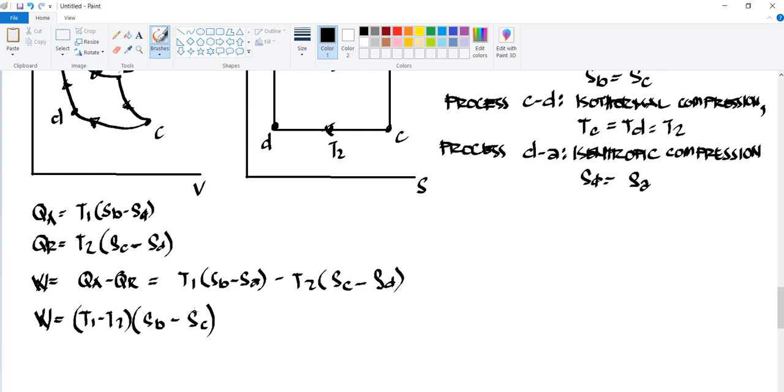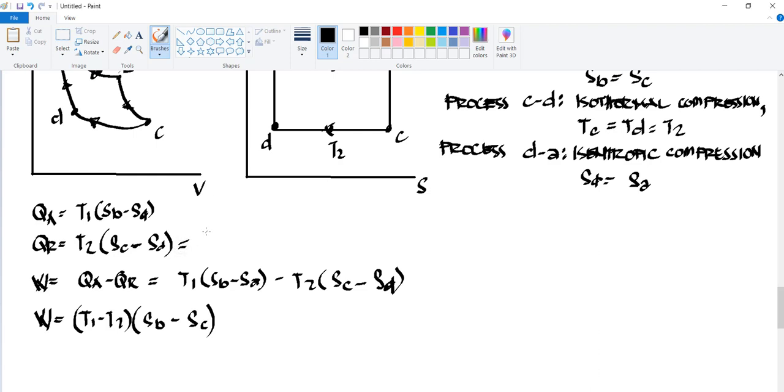Sorry, this is entropy at A. This is entropy at C to A, where we can also rewrite your Q rejected.